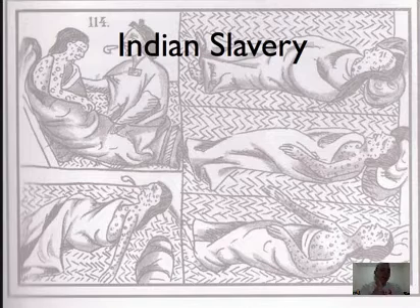Using Native Americans proved unsuccessful for the Spanish. One reason, the big one we've already talked about a lot, is smallpox, as well as other diseases. Another problem is that Native Americans had a very strong and even better understanding than Europeans of the surrounding land, which meant many of them could run away and escape.